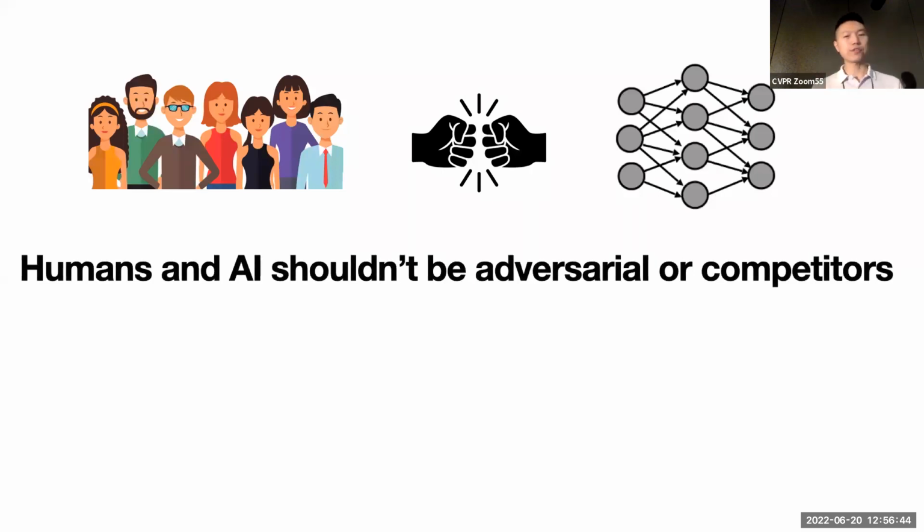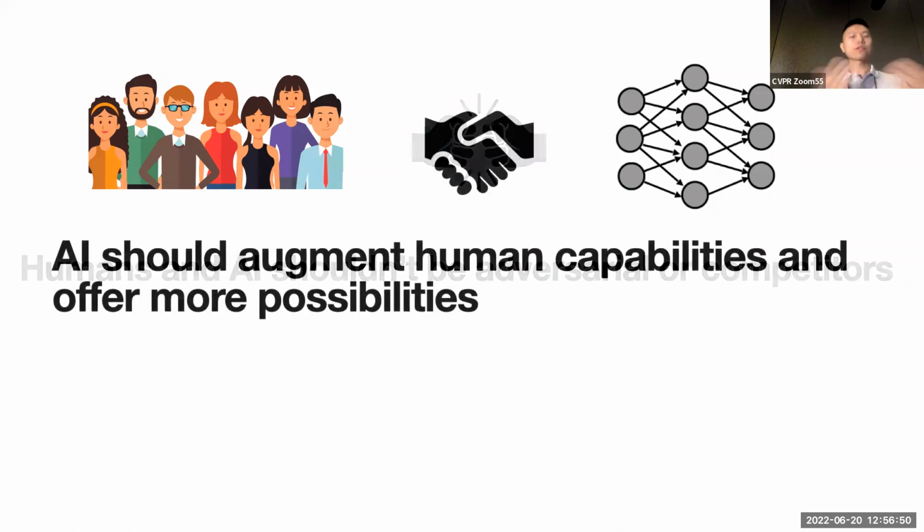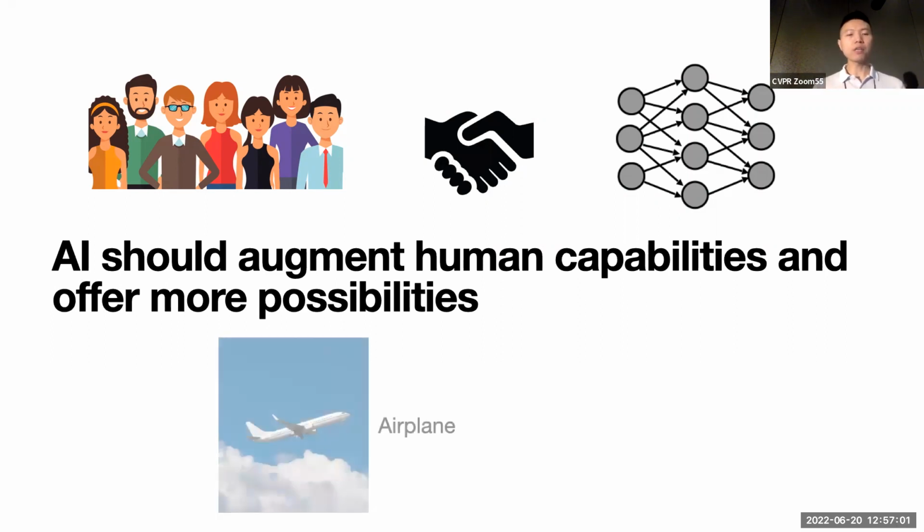We are the creators of the AI models, and we are also the users of those AI models. We want the AI models to better empower us, augment our human capabilities, and offer more possibilities for us. So think about the inventions we have, for example, the airplane. We invented the airplane that can help us reach destinations faster and in a safer way.